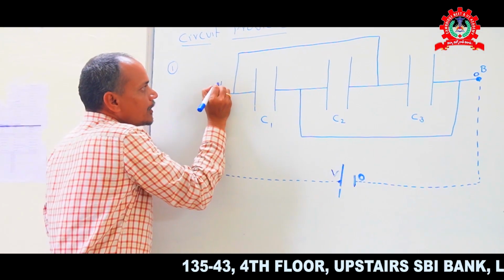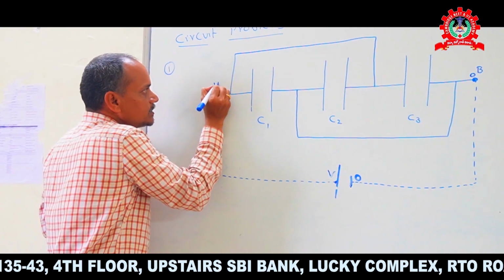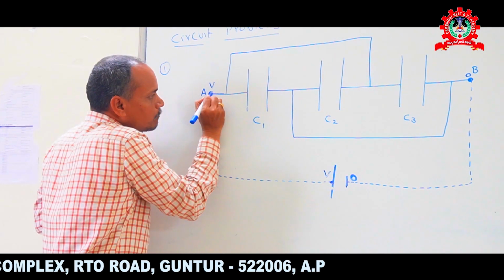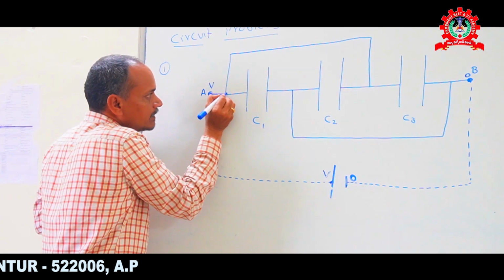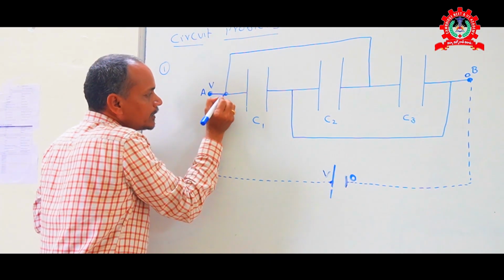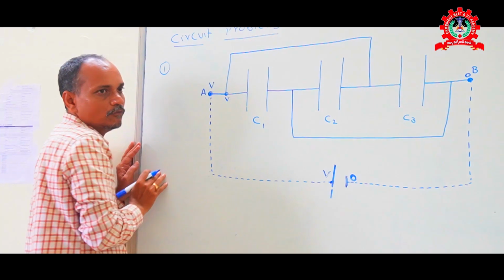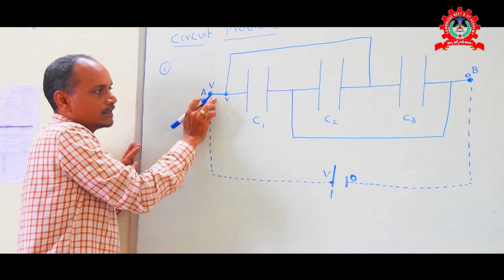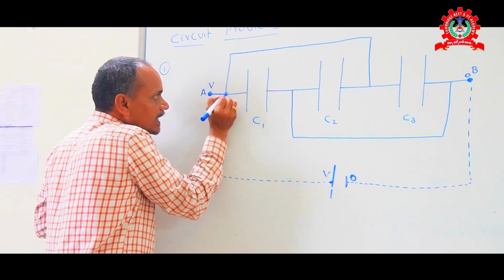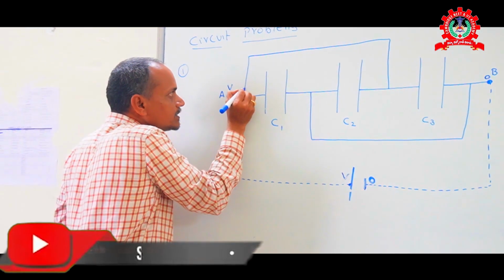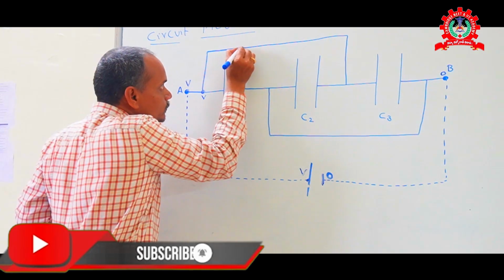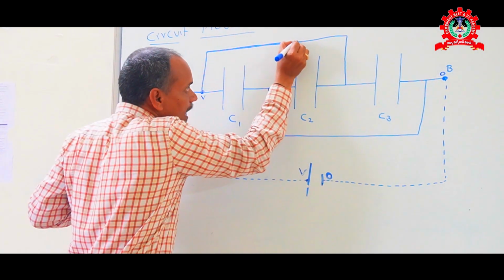At point A the potential is V; moving from A along the wire, the potential is still V, since there is no resistor, capacitor or inductor and it is a continuous conducting wire.